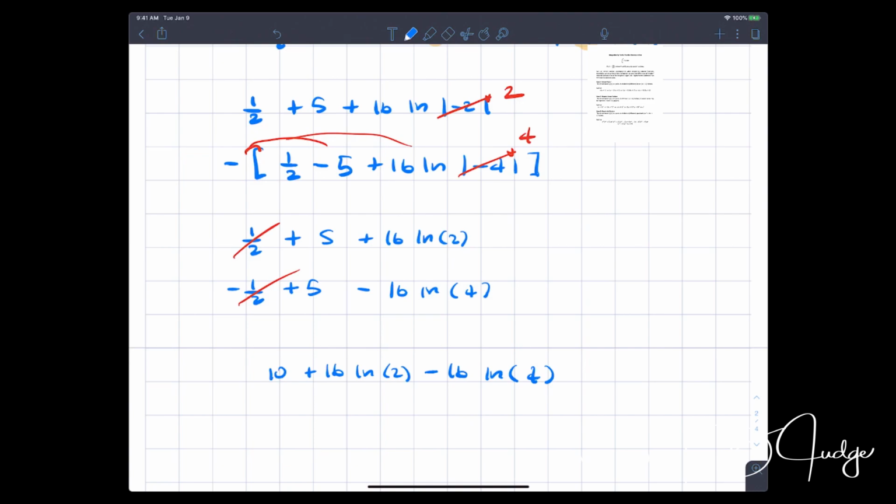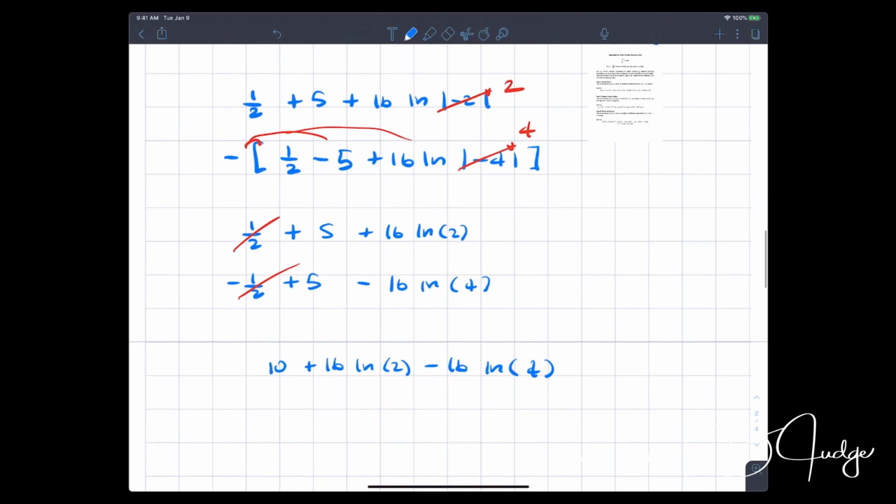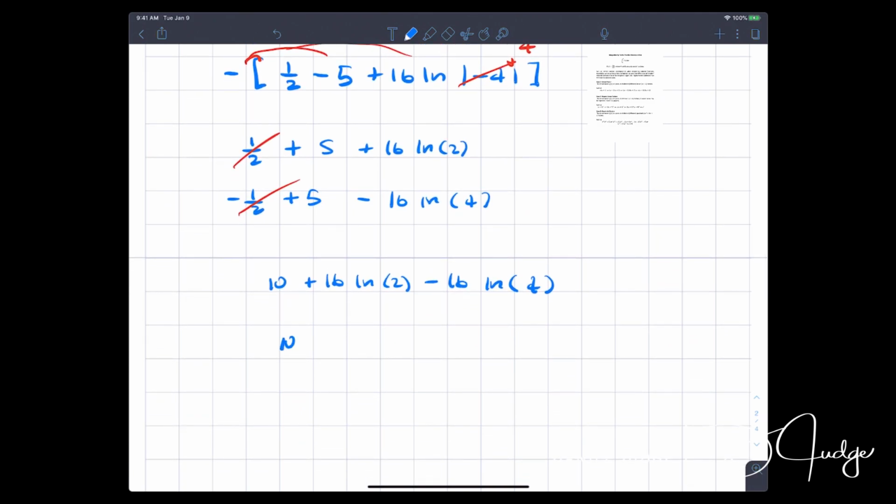natural log 4. Some people are going to look at this and say, okay, what do I do now? Here's what I'm going to suggest. If you look in back of the book, they're going to factor out the 16, natural log 2 minus natural log 4. This is a little bit of algebra. Just like yesterday, we're going to use properties of logs again.